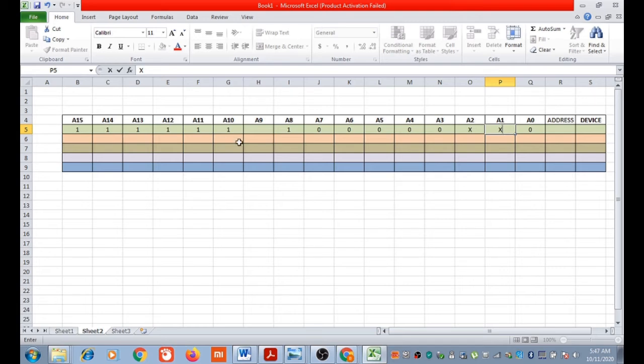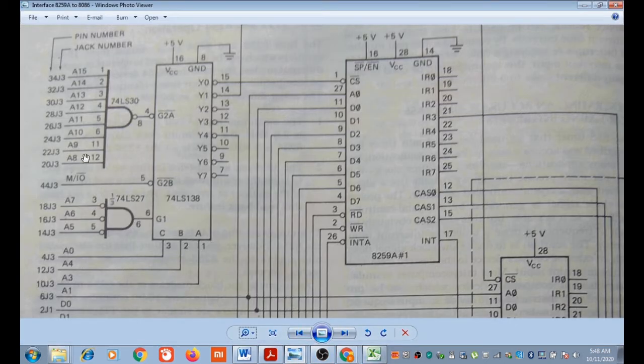Okay, then what is the address of 8259A number 1? The address is a 16-bit value. So this will give you an F. A9 it is logic high. Okay, let us check the figure. A9 it is logic high.